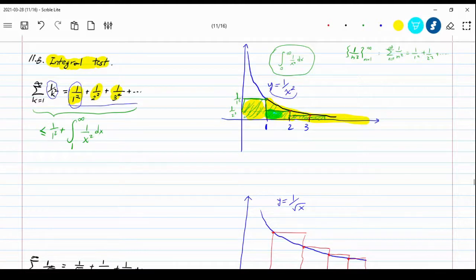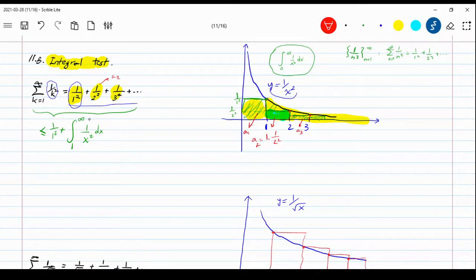So this square, for example, has area 1 over 1 squared. This area would be the height times the length. The length is 1, the height is 1 over 2 to the power 2. So that area would be A2. This area would be A1, that area would be A3. If you add up all those areas, it's an underestimate of the integral of 1 over x squared.